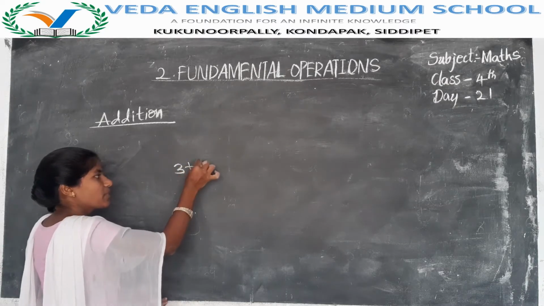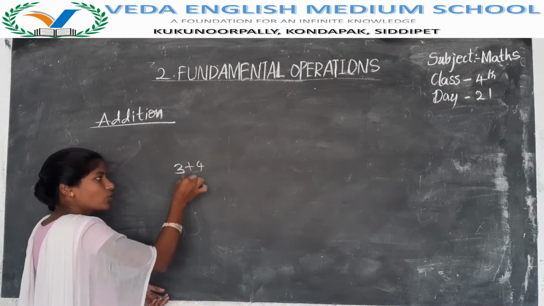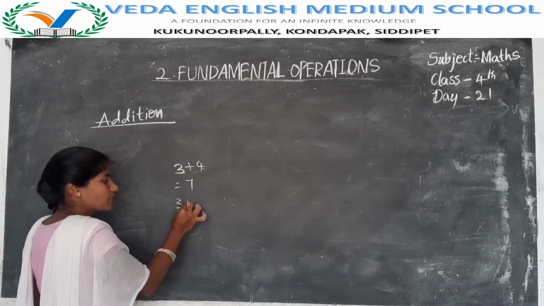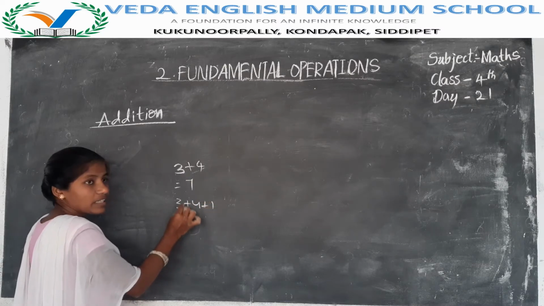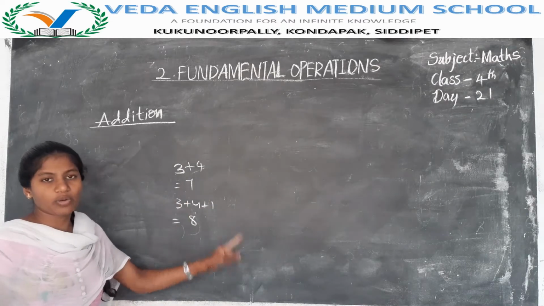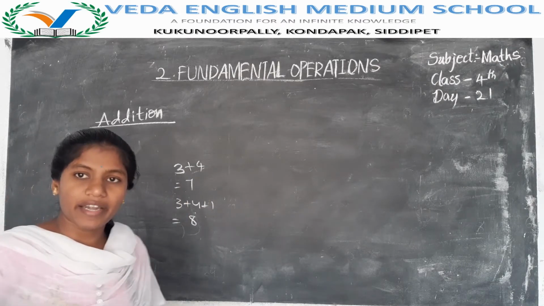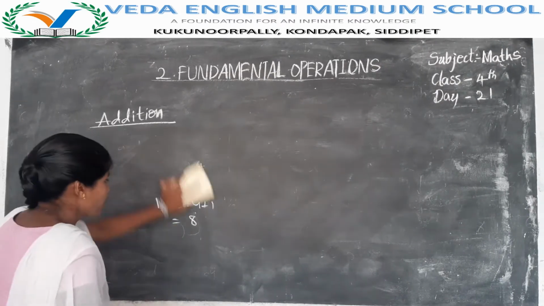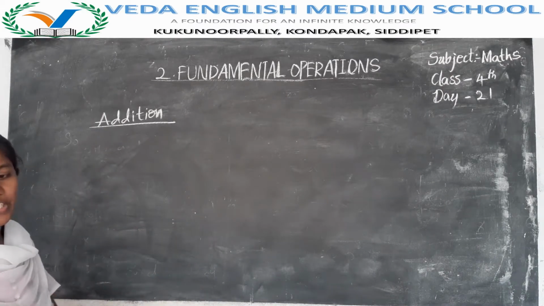Like this, 3 plus 4 gives 7. 3 plus 4 plus 1 also you can take. 3 plus 4 is 7, 7 plus 1 is 8. That means the combining of two or more numbers is called addition. That is the definition of addition.